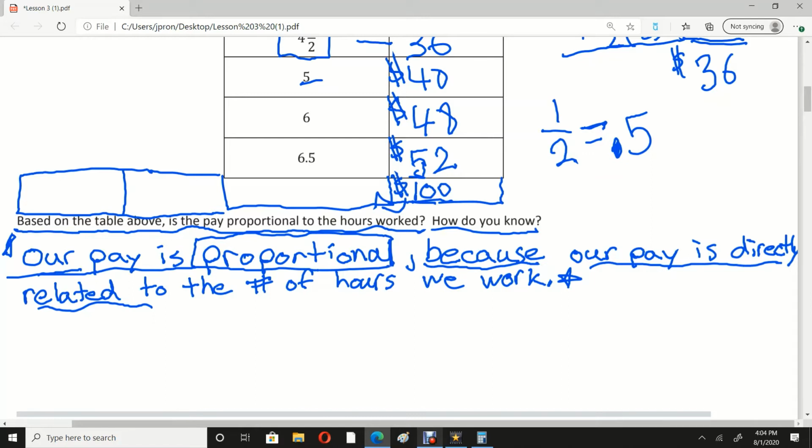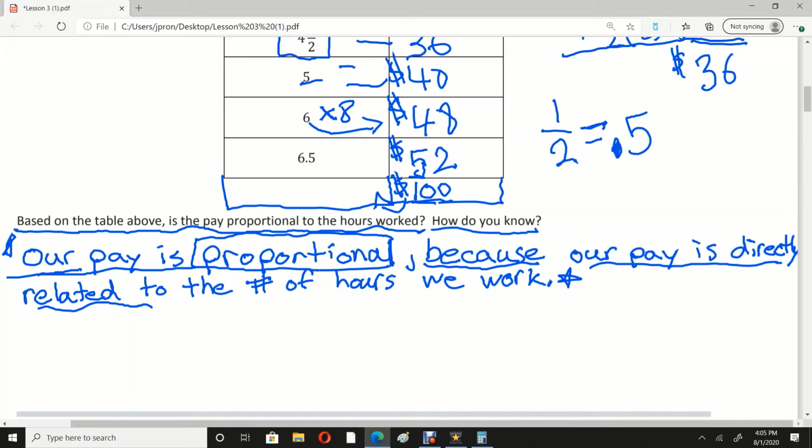How could you figure that out? Well, we talked about examples like this in the last lesson. From the number of hours to our pay, we're multiplying by 8. So going from pay to number of hours is just the reverse, the opposite.